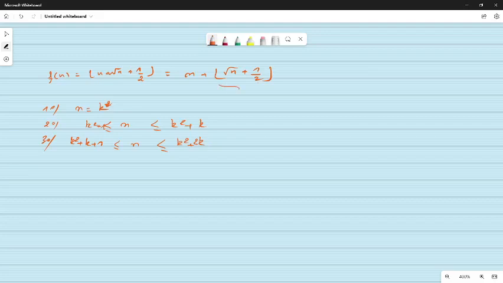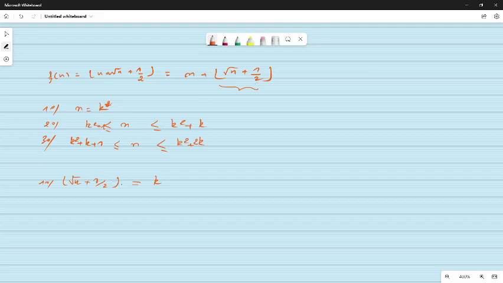And we will give the expression of this term in each case individually. In the first case, we have square root of n plus 1/2 is clearly equal to k, because n is a square and k can get outside.